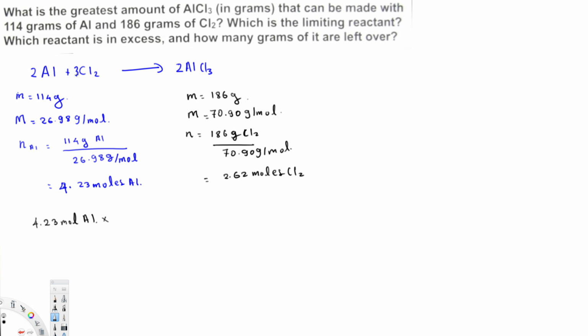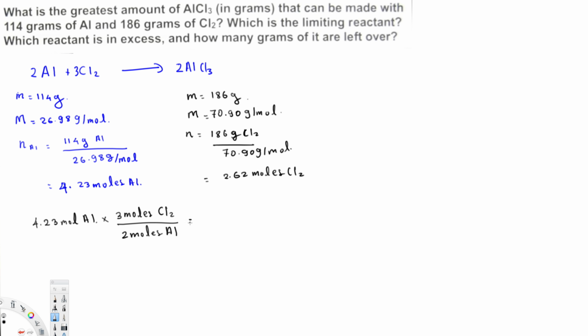So we have 3 moles right here. So this is going to be 3 moles of Cl2 divided by 2 moles of aluminium, and that will give you the Cl2 required to finish this aluminium.